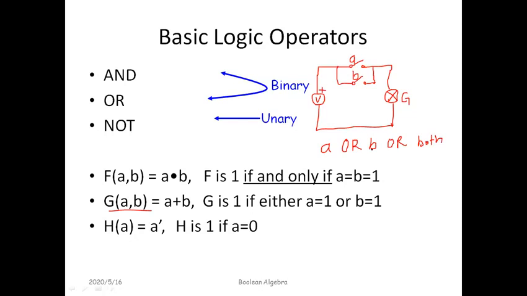Okay, so lamp G will come on when either switch A or switch B, or both switch A and switch B are closed. This is a fact. I think we can tell just by visual inspection.